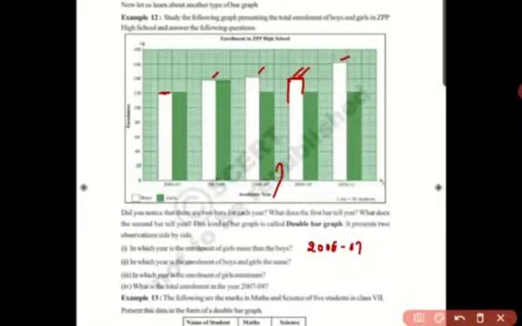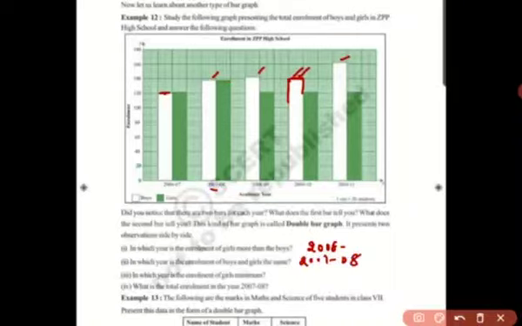What about in which year is the enrollment of boys and girls the same? It is 2007 to 2008, right? So they both are at the same position. From the graph you can see that it is 2007 to 2008. And the next question is, in which year is the enrollment of girls minimum?